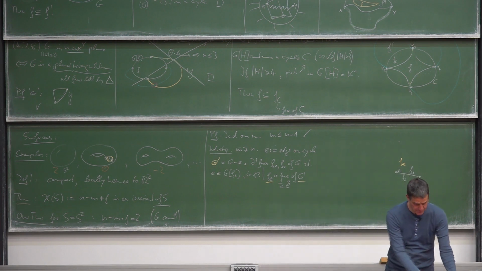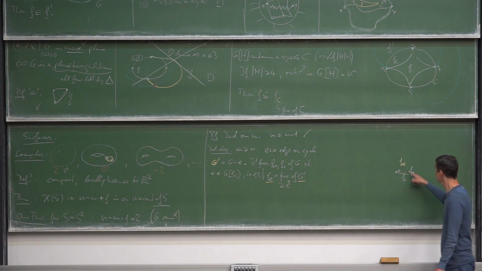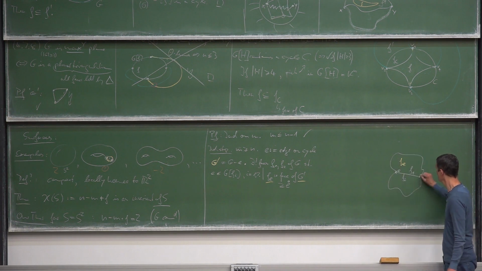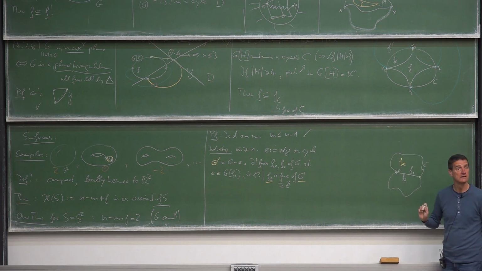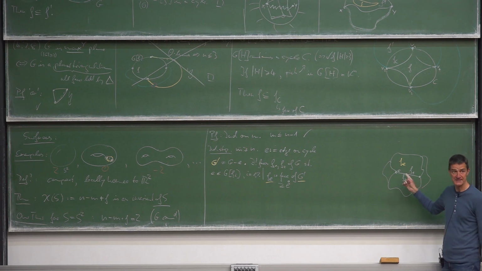Okay, so important remark here. There's some graph here, some G. And it might be tempting, and that's what we did last time, to say Fe is the union of F1 and F2.